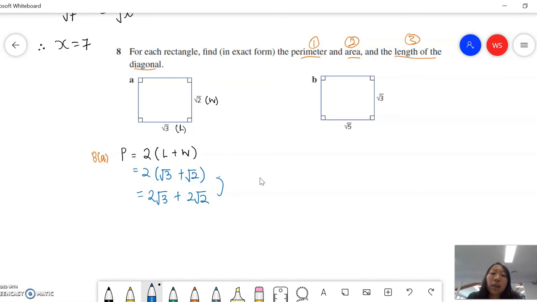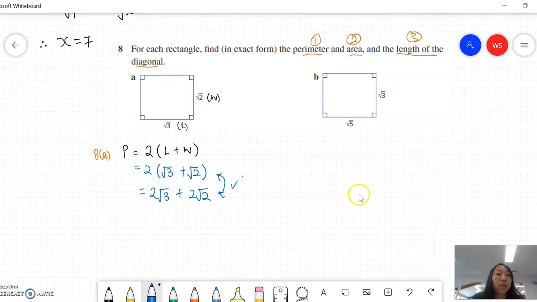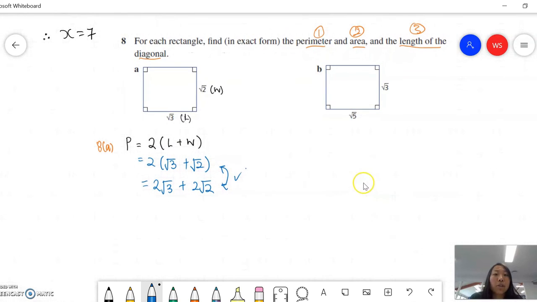Either of those will be correct. If they've given you units, you'll put units. In this case, there are no units, no cm, no millimeters, so we can leave it as such.